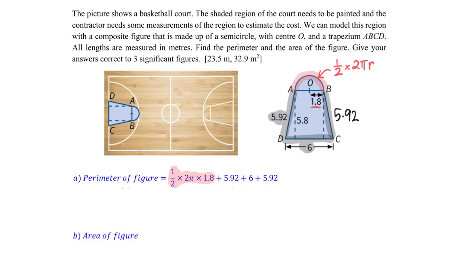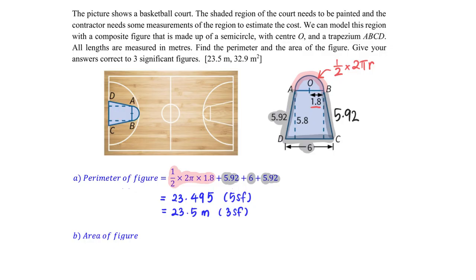That's why you get half times 2 pi times 1.8 plus 5.92 plus 6 plus 5.92. Okay, well, this gives me a value of 23.495 to 5 significant figures, followed by 23.5 meter to 3 significant figures.